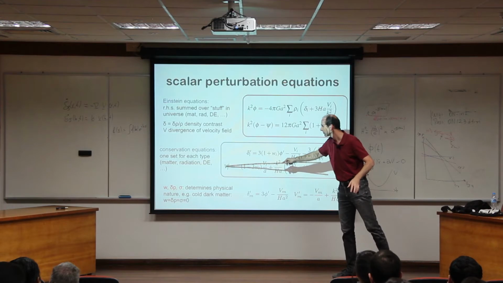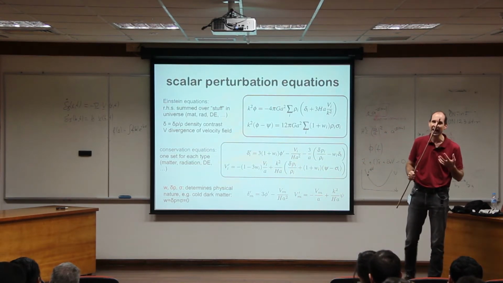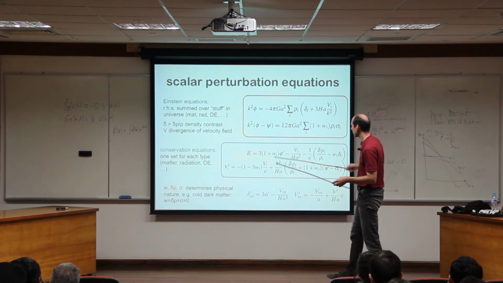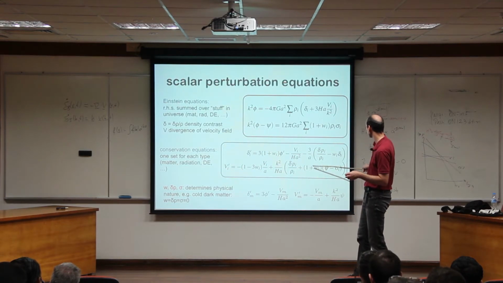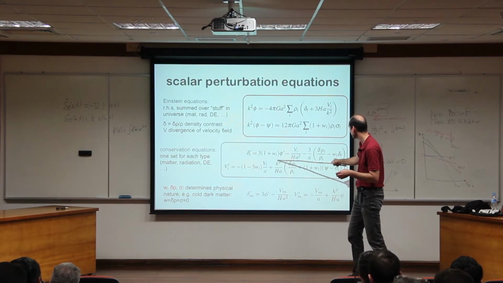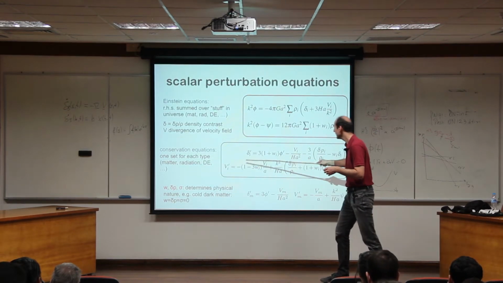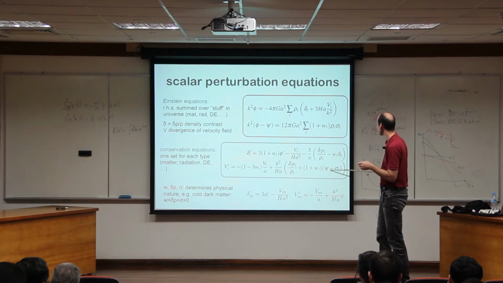And in this equation, the time derivative of the velocity is an acceleration. Because this is really the gradient of the velocity, the relevant term here is this k squared psi, which, because this is already a gradient, tells you that the acceleration of the velocity field is the gradient of psi.